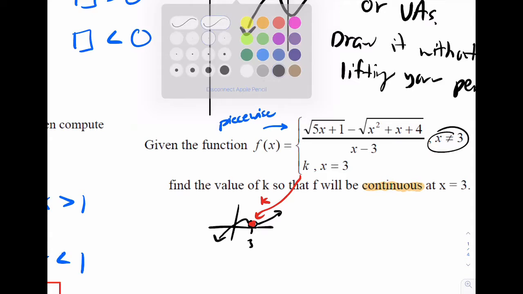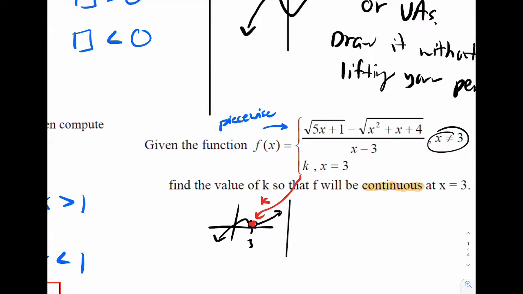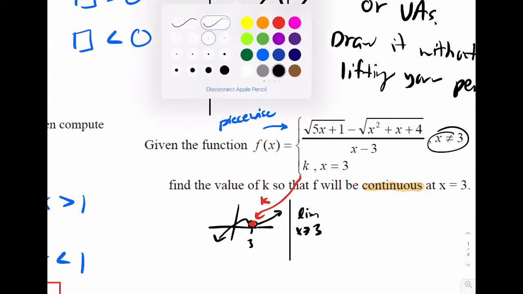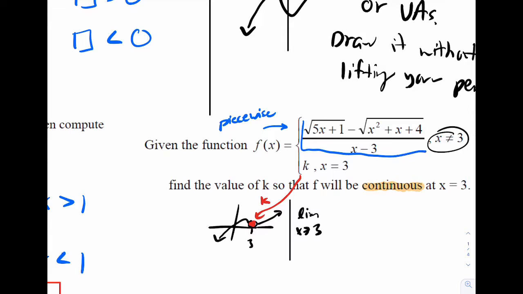So that's what we're trying to figure out. Now, the way we're going to do that is use a limit. What we need to figure out is the limit of this top thing right here. We want the limit as x approaches 3, this number right here. And I'm going to call this blue box because it's kind of big to write.